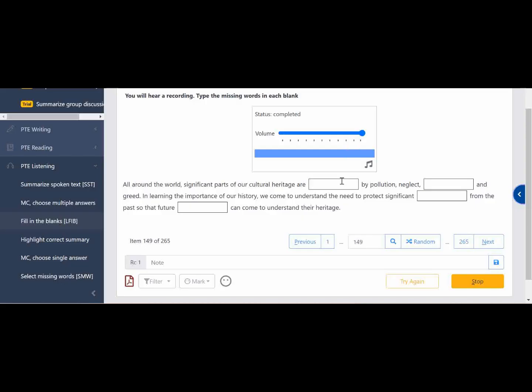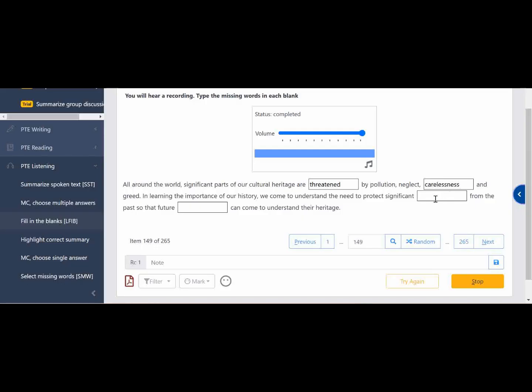So the first one is threatened. Check your spellings of threaten. So first you have to write threaten. These are the spellings of threaten. Here it is "are", which means it is a passive voice, so you will use the third form of the verb here. Next is neglect, then carelessness. You will write carelessness like this: first care, then less, then ness.